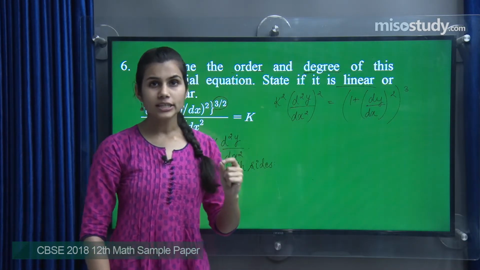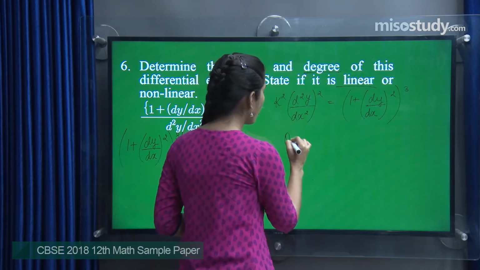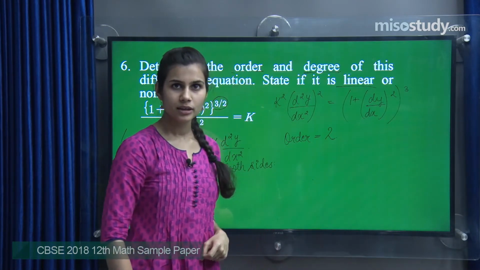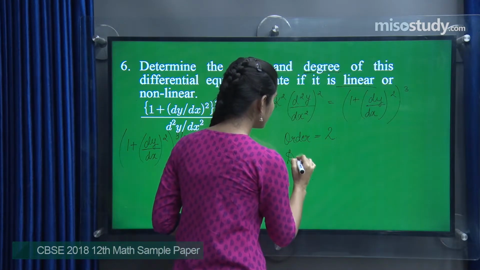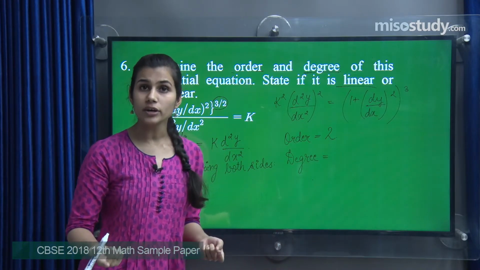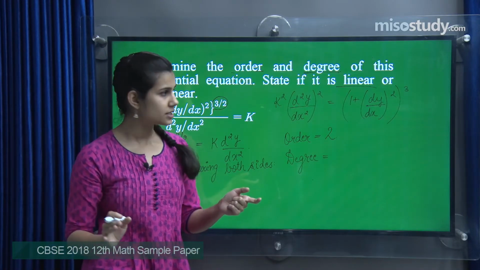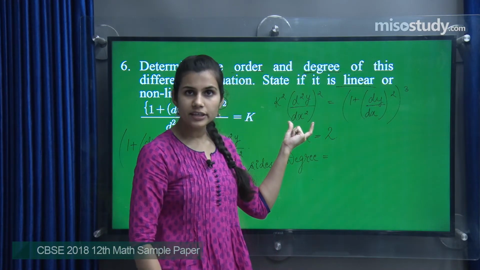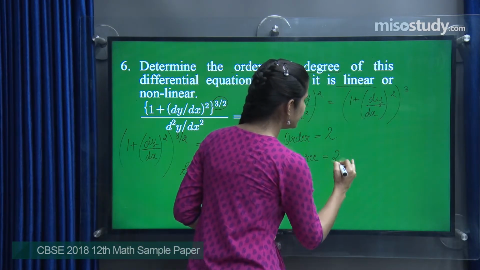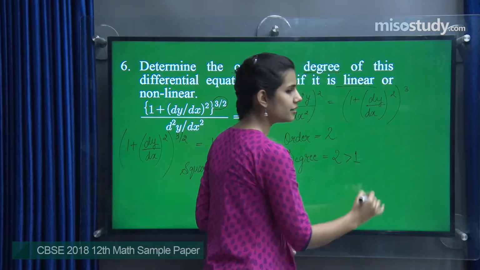The highest order derivative that you can see is d square y by dx square, and therefore the order of this differential equation is 2. What happens to the degree? The degree is nothing but the degree of the highest order derivative once the differential equation is made free from radicals and fractions. So over here the highest order derivative is this and its degree is 2, and so the degree is also 2, which is greater than 1.